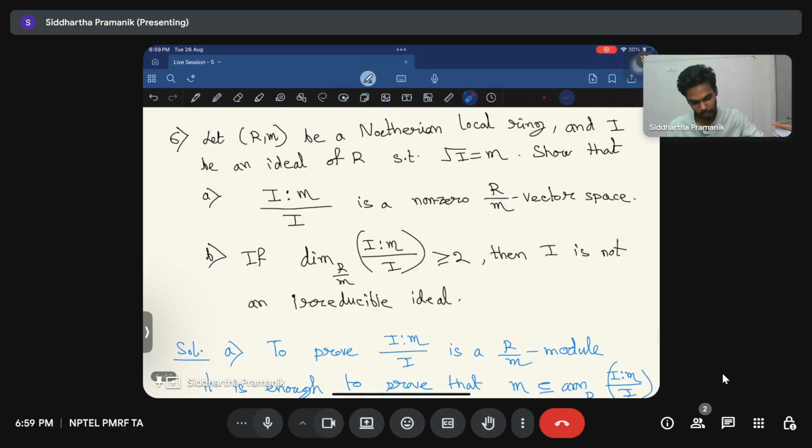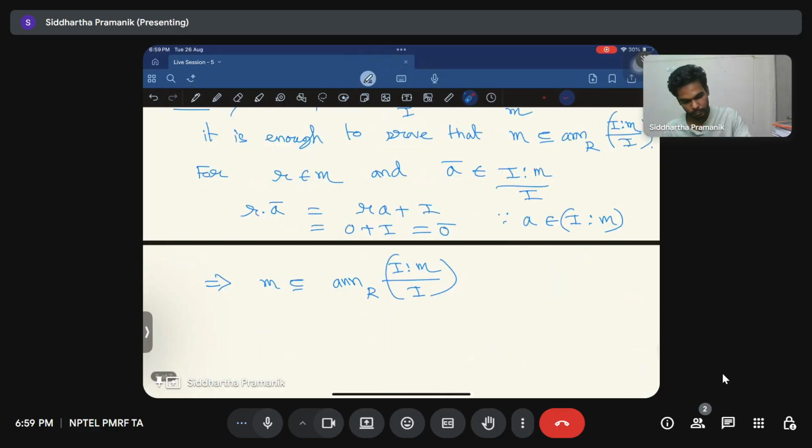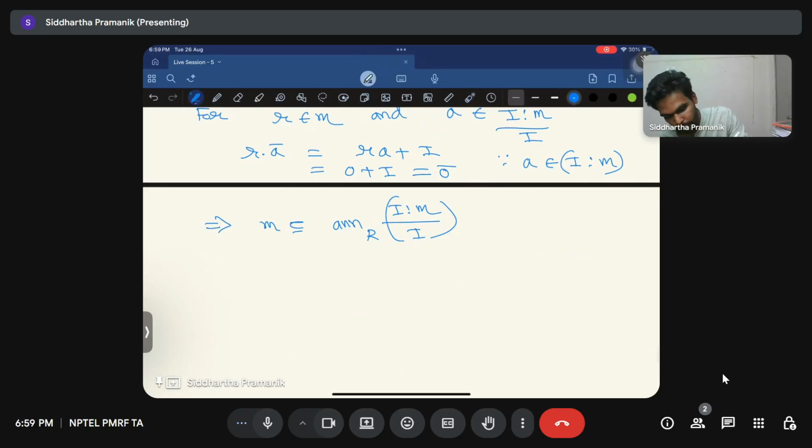So how to prove that one? So we will separate it in two cases.